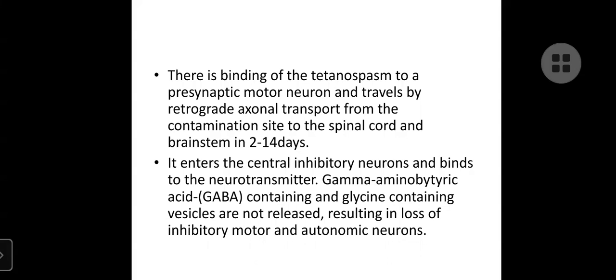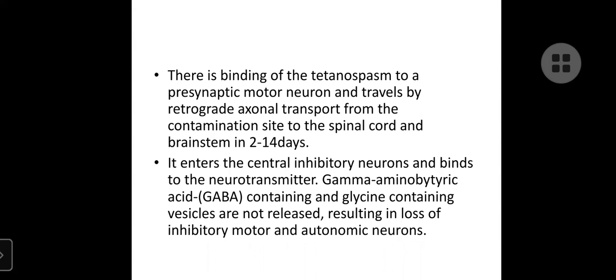So when the conditions are adequate for the spores to germinate, tetanospasmin is released and it binds to the presynaptic motor neurons, which travels by retrograde axonal transport from the contamination site to the spinal cord and the brainstem within 2 to 14 days.